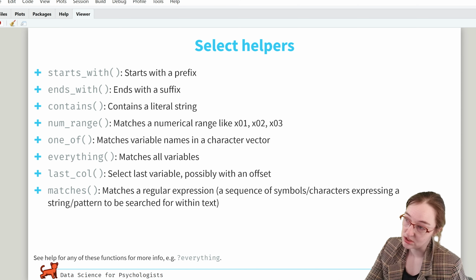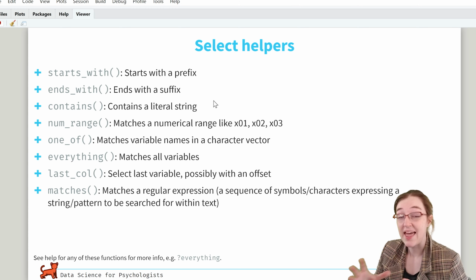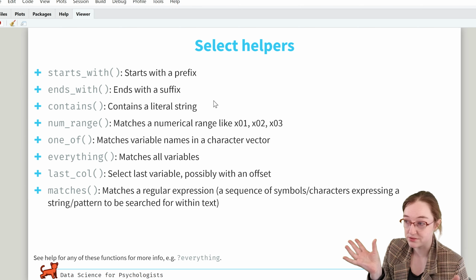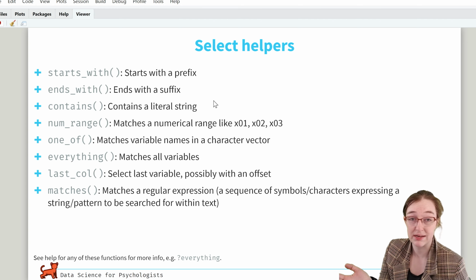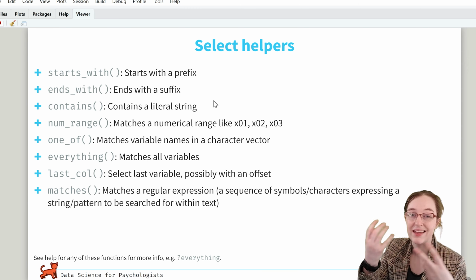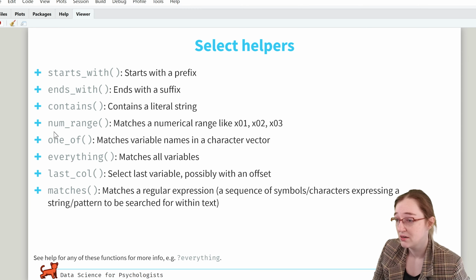So, starts with takes just whatever the prefix is. Ends with, the suffix. You can select anything that meets those criteria. Contains matches a literal string, so it could be in the middle, it could be at the end, it could be at the beginning. Contains is useful if it ranges where it's from, but the more specific you can be, the better.